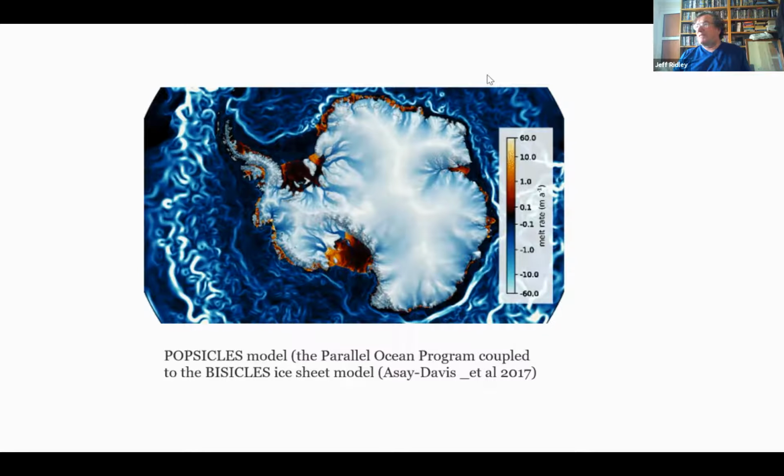This is in present day scenario, and so actually the model is showing very high melt rate in the Ross ice shelf, and the Filchner ice shelf as well. So if it's happening across models, is it just a problem with the models, or is it likely to happen? And we can't rule out that it will happen.